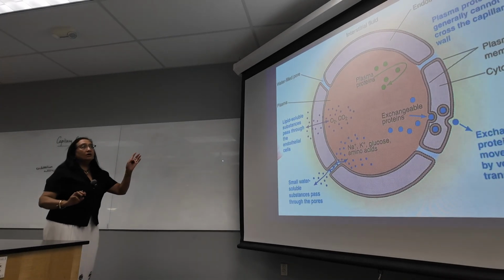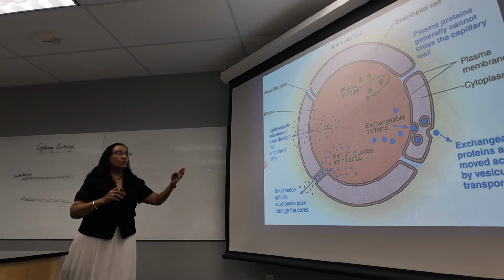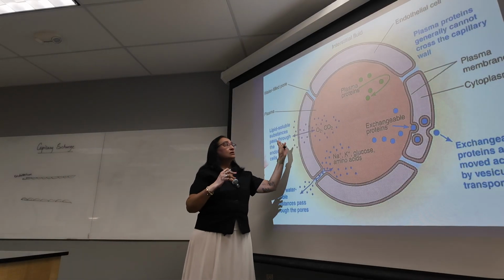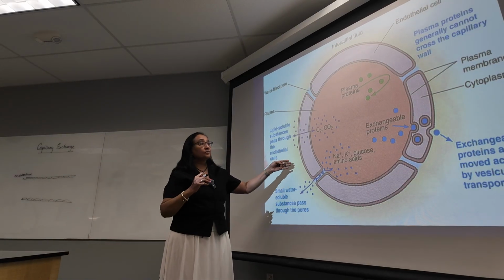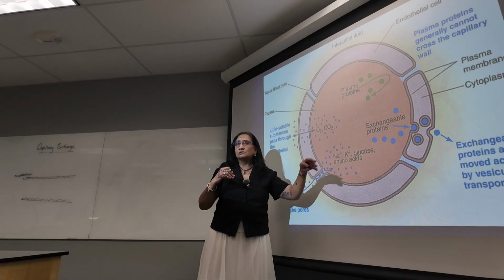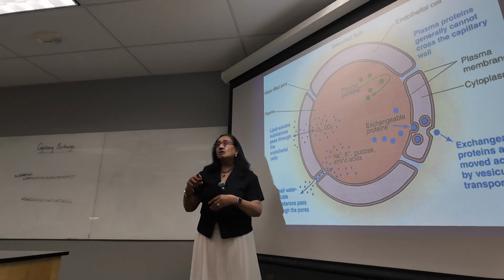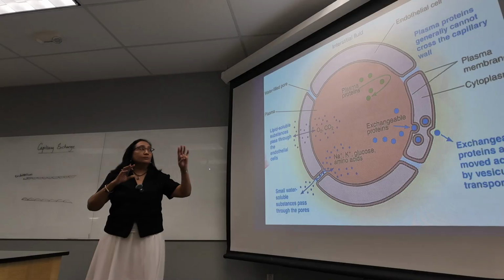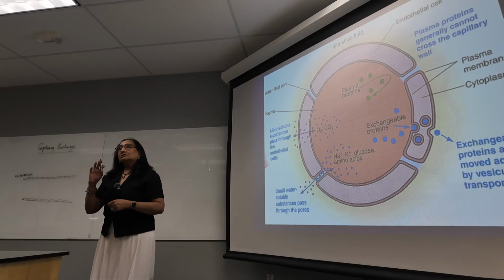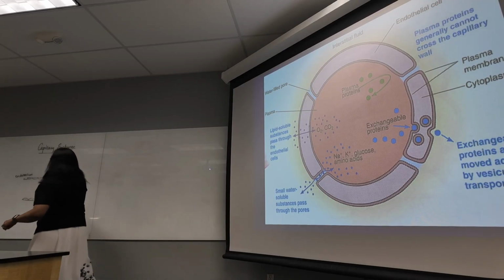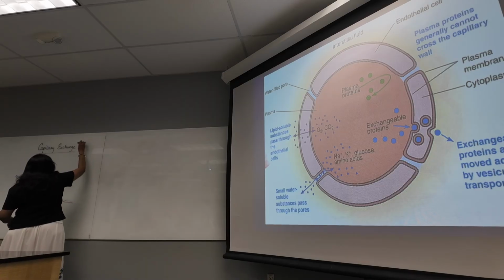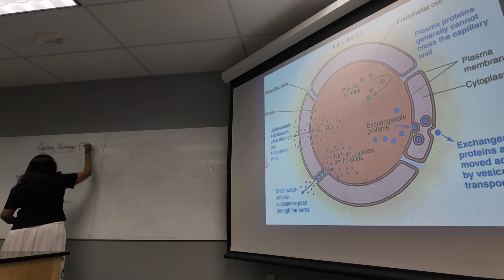So what is it that gets exchanged? All the nutrients, gases, and electrolytes get exchanged between the blood and the tissues. So capillaries are called exchange vessels.